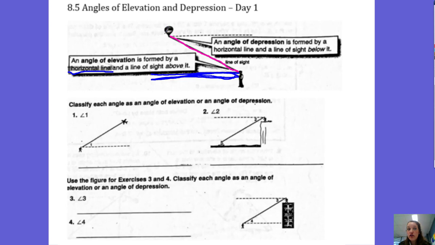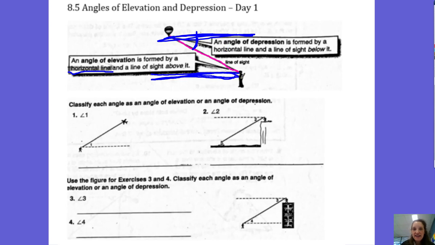Let's say you're in the hot air balloon and you're looking down at the person below. That would mean your line of sight is looking at something that's below you. When your angle is formed by the horizontal line and a line of sight that's looking at something below it, this angle right here is called an angle of depression.